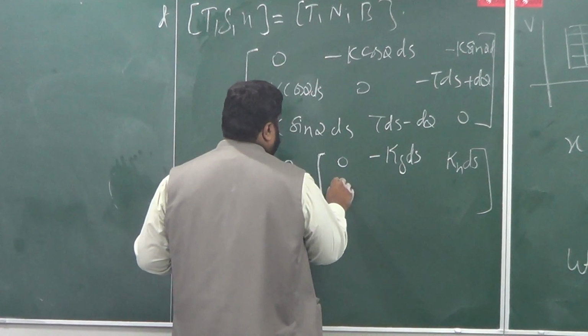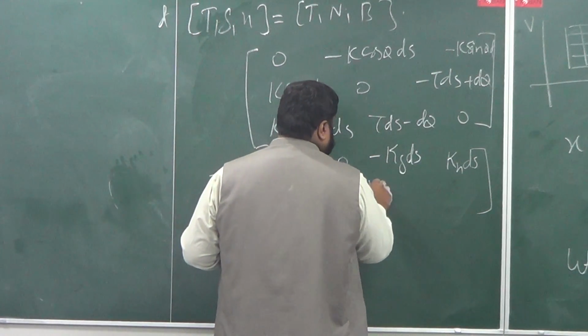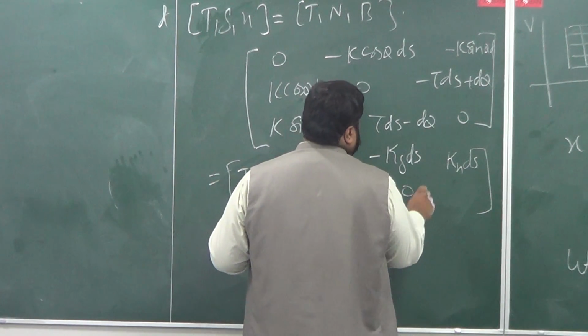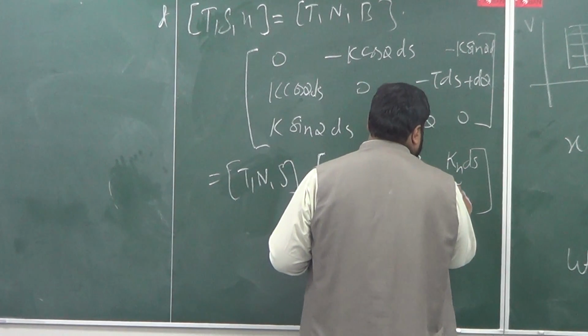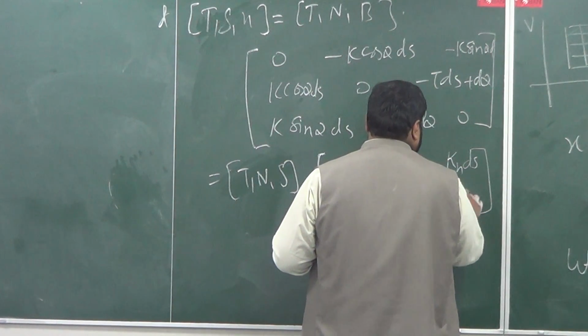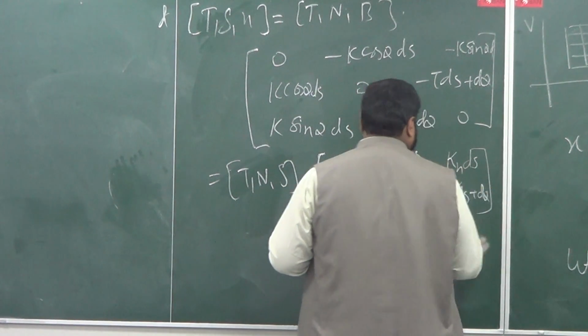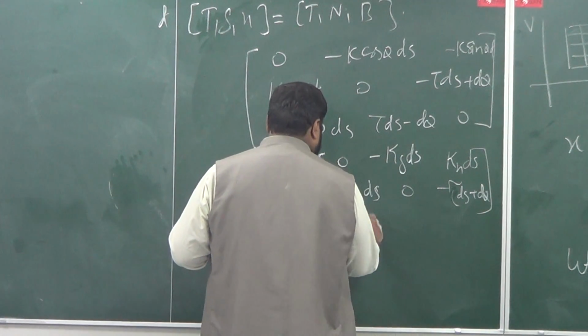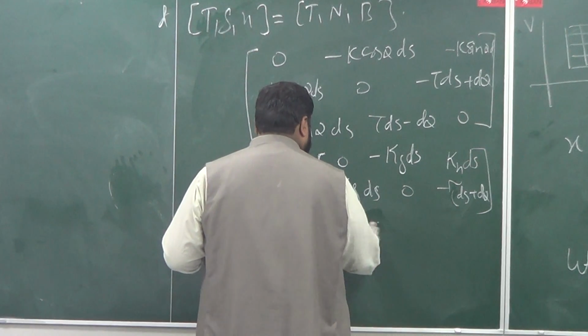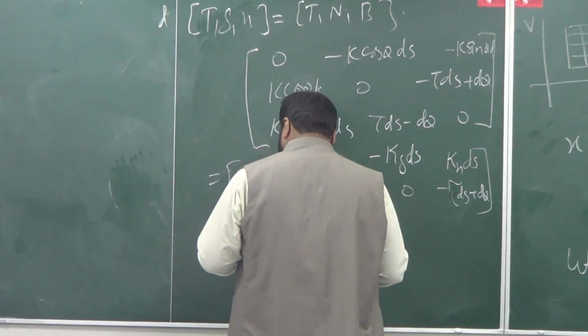So this is going to be kg ds. This is going to be 0. This guy I have to keep as it is, no change, plus d theta. And this would be kg. This is going to be just kn ds.